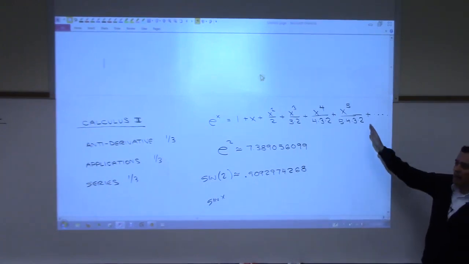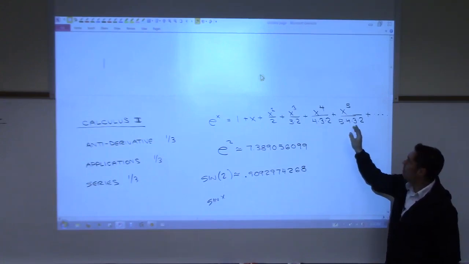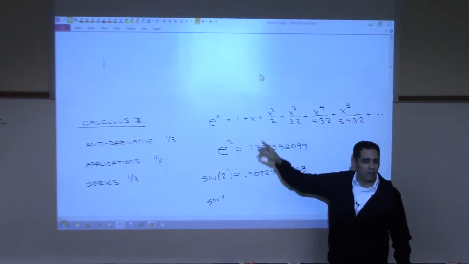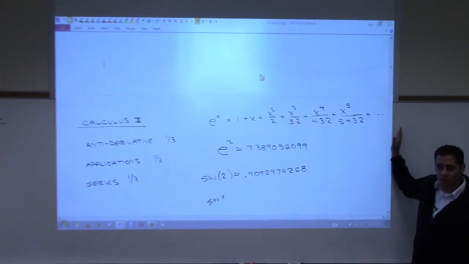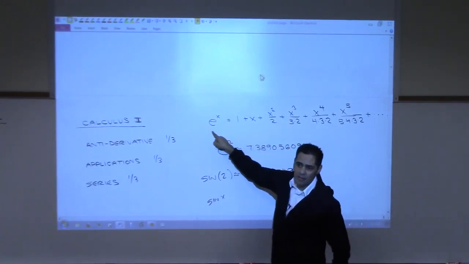And this is what we call a power series. It's an infinite expansion of power functions. Right? Aren't these all powers of x? And imagine that pattern continues forever. Then if you could continue it forever, that's exactly what e to the x is.